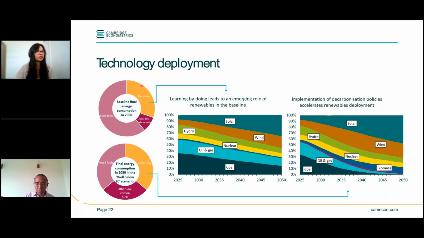So if we start looking at these pie charts here, we can see an increase in the share of electricity in the mix, as well as for other low carbon fuels, such as hydrogen and biofuels.